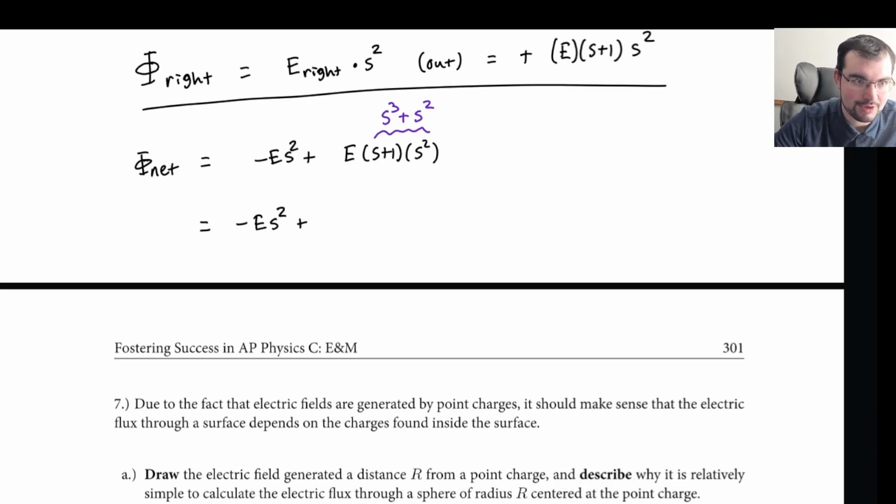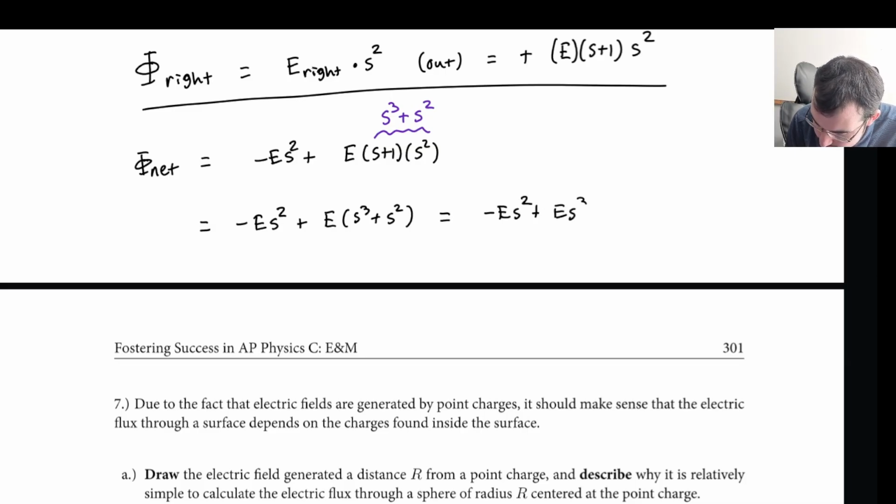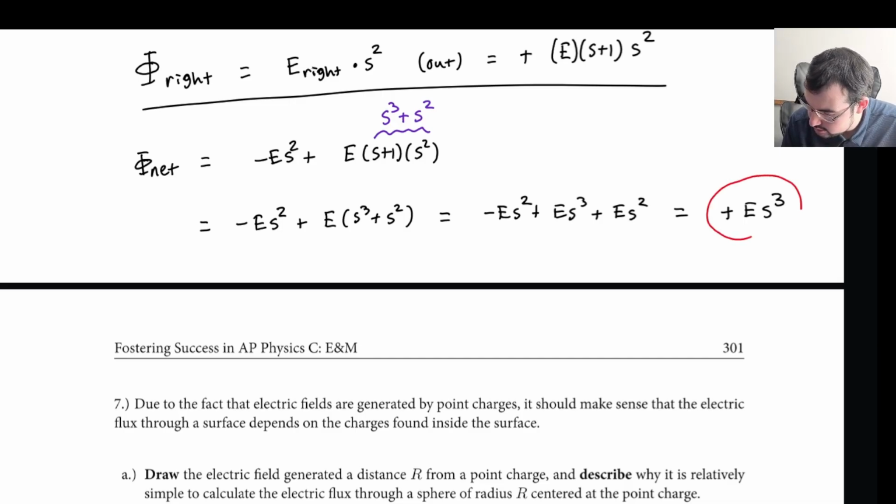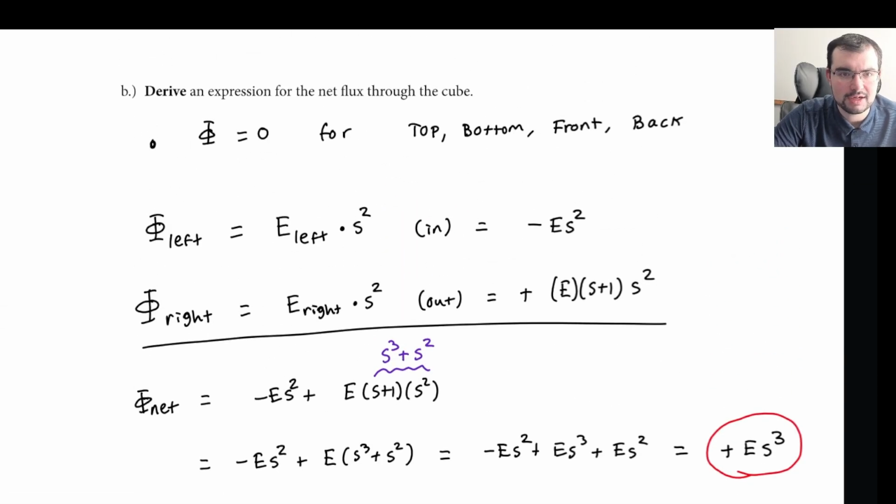Because you've got to distribute that s squared in. So we get negative E s squared plus E times the quantity s cubed plus s squared. That's going to be negative E s squared plus E s cubed plus E s squared. And now we see the E s squared terms cancel. So I'm just left with quite a simple result, actually. It's just positive E s cubed. So we do get a net positive flux, which is what we thought we'd get.